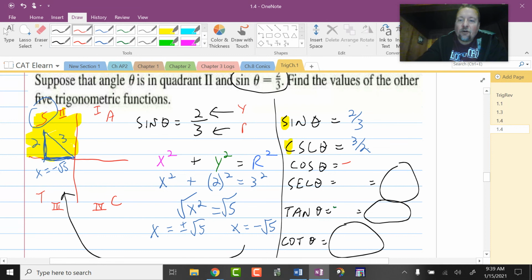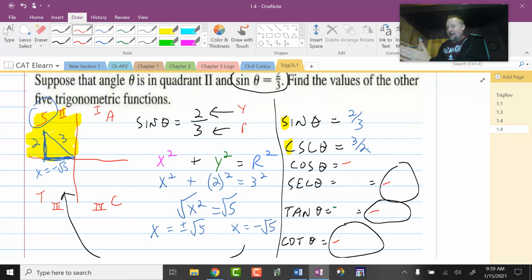All the rest are negative. And you might want to mark that right now, before you continue, so you don't forget. That's what the ASTC does for you. That's the difference between geometry trigonometry and calculus trigonometry. We're in coordinate planes. We can get some negative ratios. Weird. Right? And then we could just go, okay, cosine. You don't know this? Then you got to get that figured out.